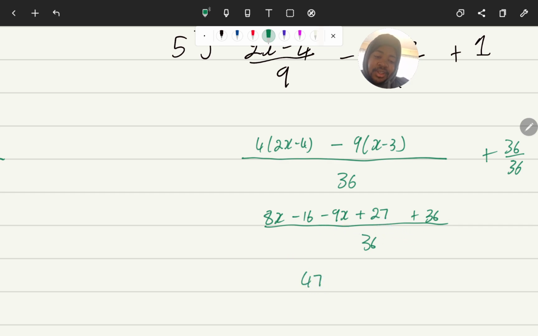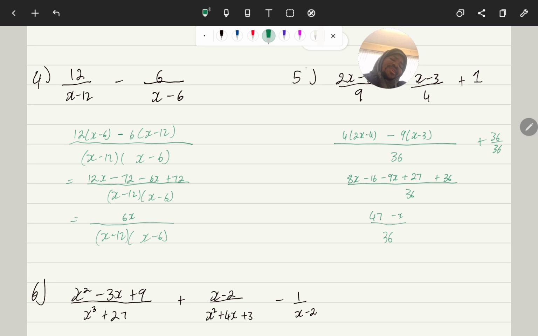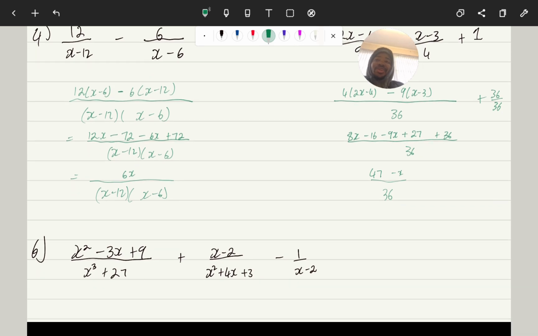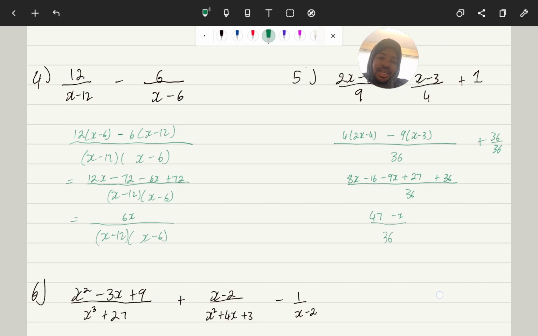So I have 47, and then 8 minus 9, that's going to be minus x, and then everything is just divided by 36, right? I mean, it wasn't that messy. Yeah, fair. So okay, cool. I think I'm very happy with this method, and I'm just going to continue with it.